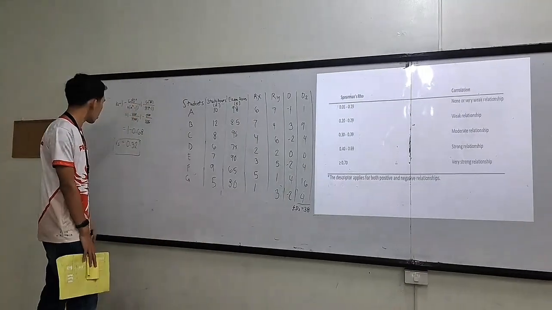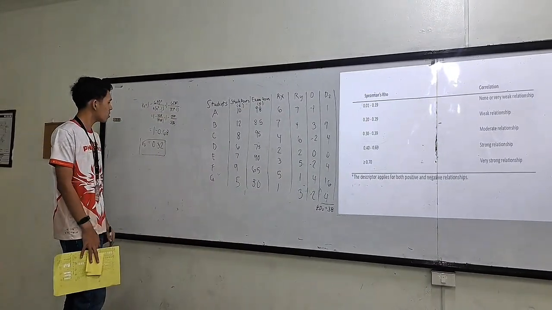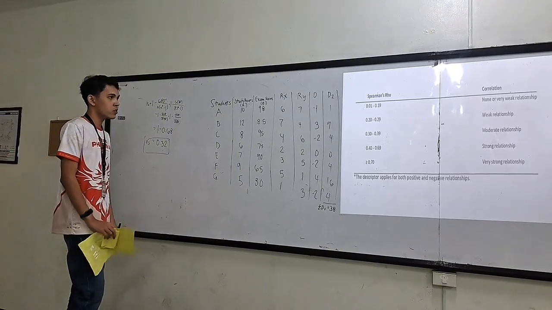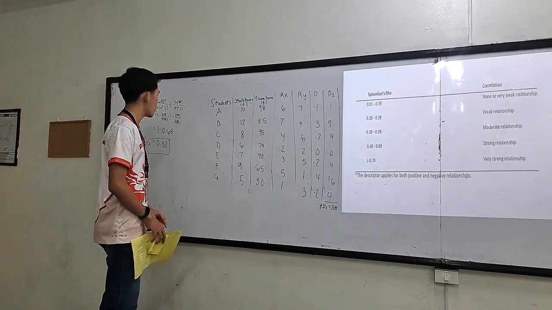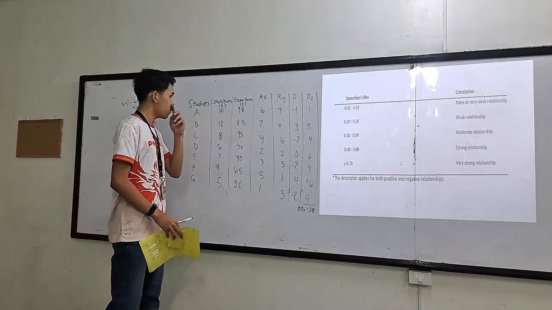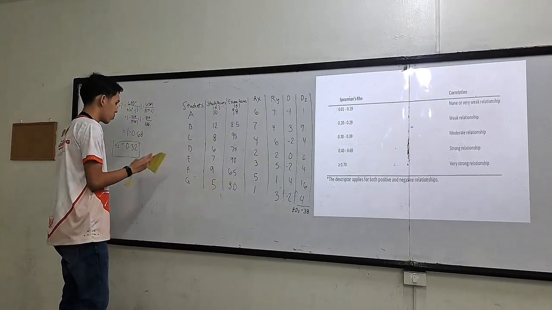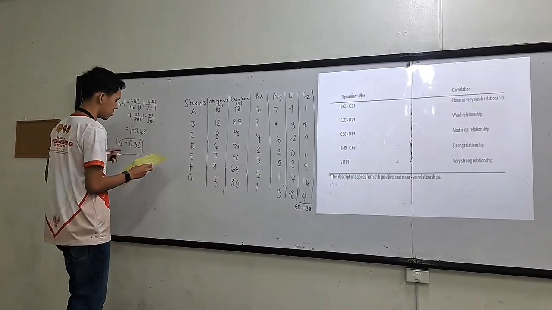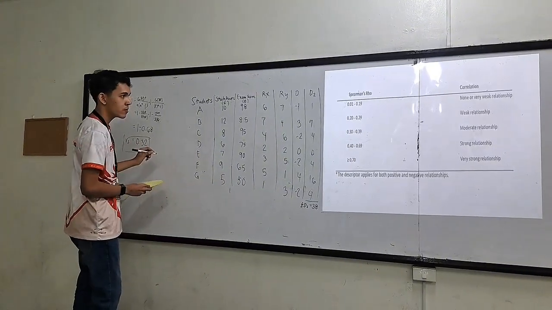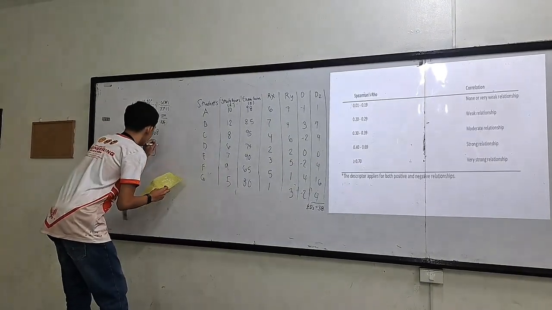Since our r sub s or rho is equal to 0.32, and when we base this on the table, the relationship that we can interpret is a moderate relationship.